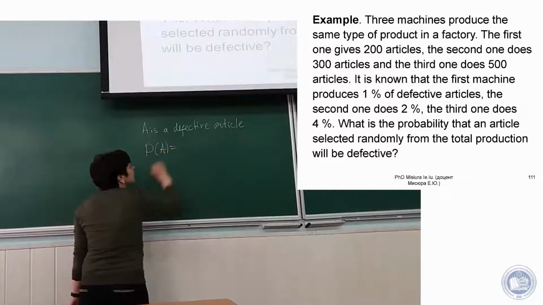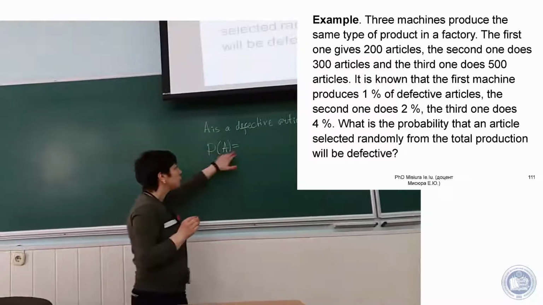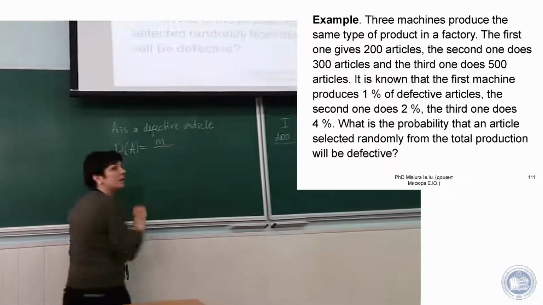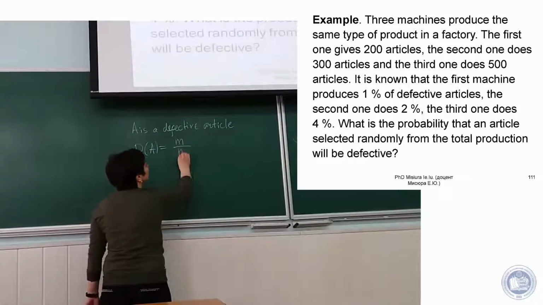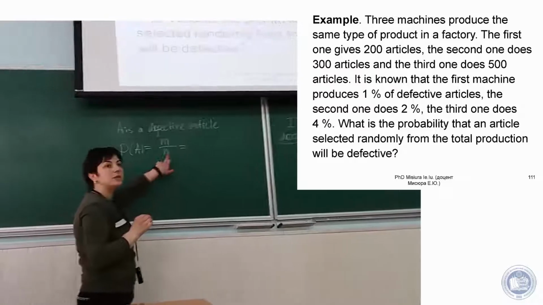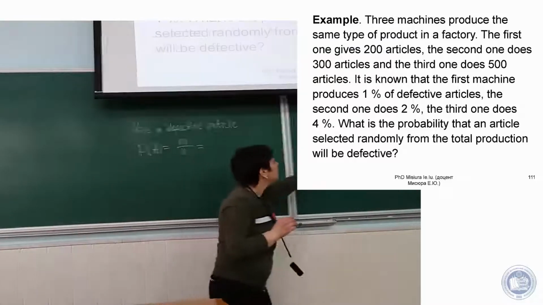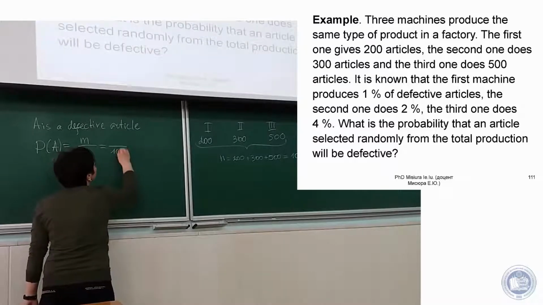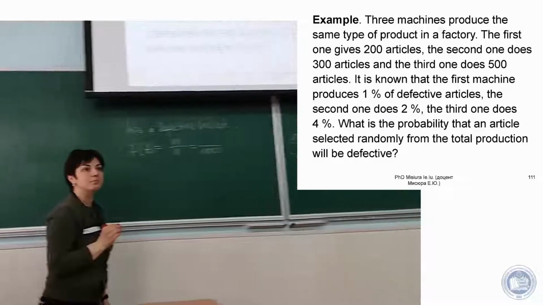It's the classical definition of probability. P of A equals M divided by N, where N is the total number of articles. Total number of articles equals 1000.